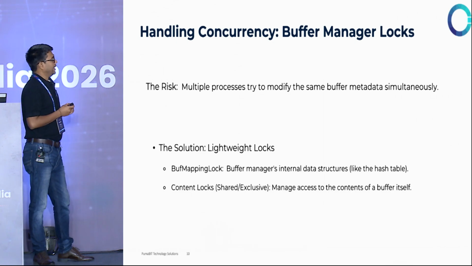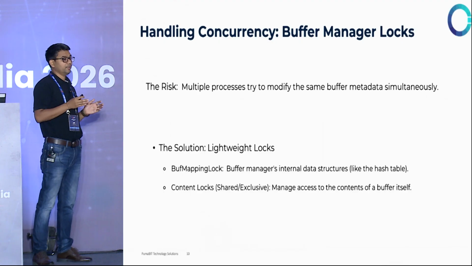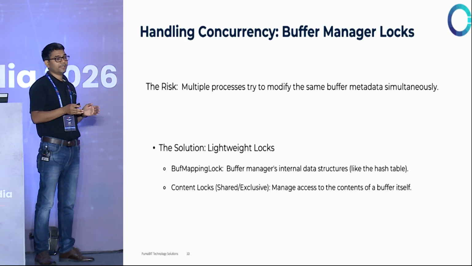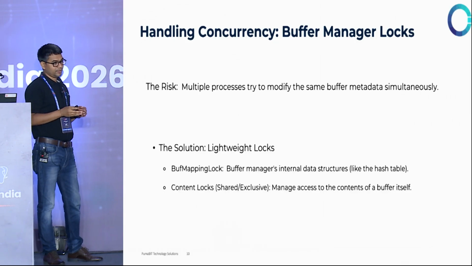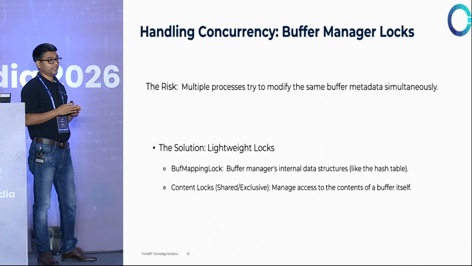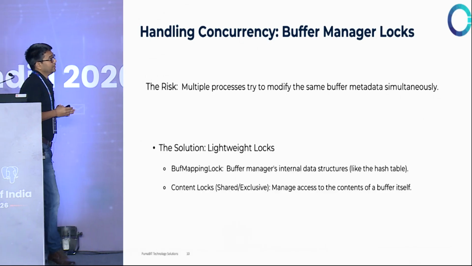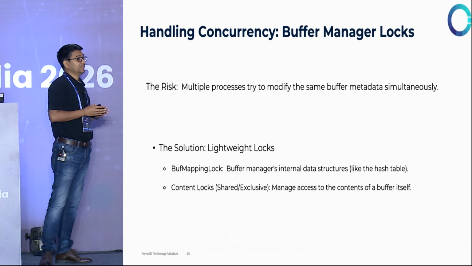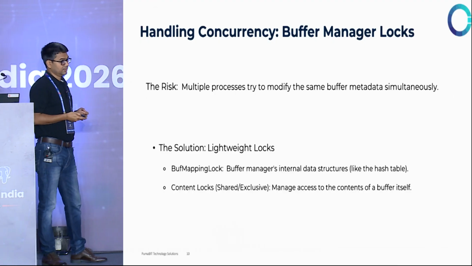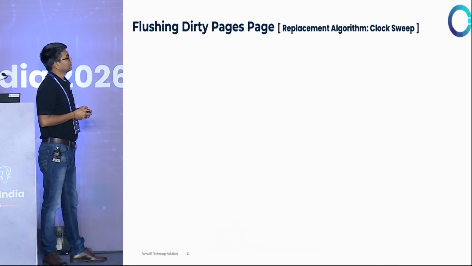And the content lock: for example, if two or more processes are trying to access the same page data to insert or update, it will take an exclusive lock on that, and if it is trying to read, it will take a shared lock. So even in memory, this is how locking takes care. Locking makes sure that there is no memory corruption, and that my data mapping is correctly mapped and consistent with multiple backend connections. So this is how locks are managed.